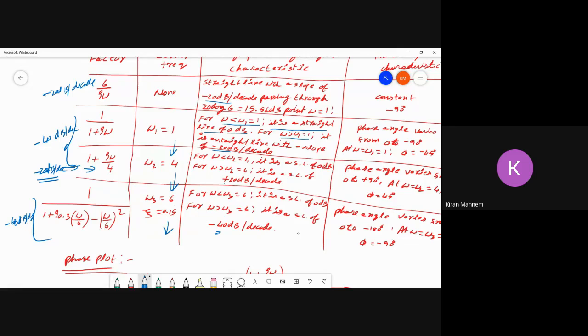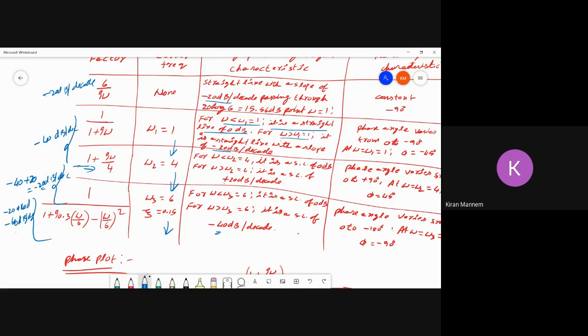Again, at the 0 value, we are adding plus 20 dB per decade. So here it will be minus 40 plus 20. So this is minus 20 dB per decade.